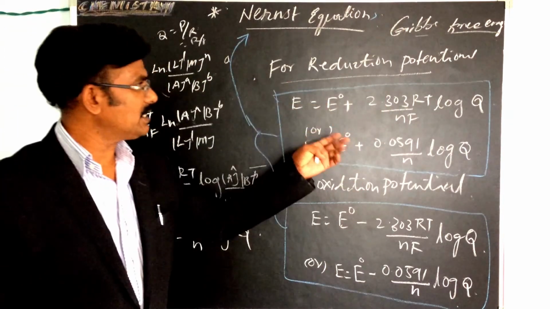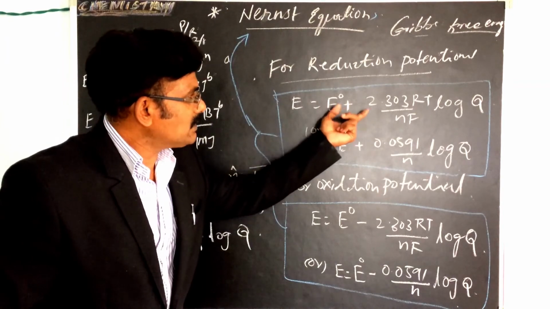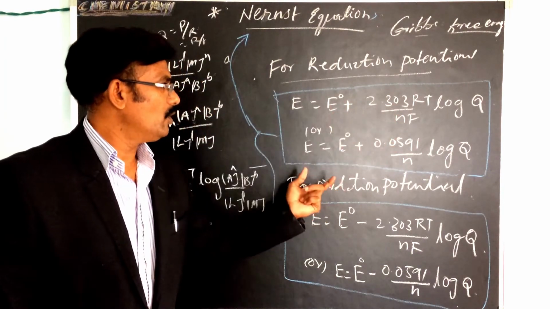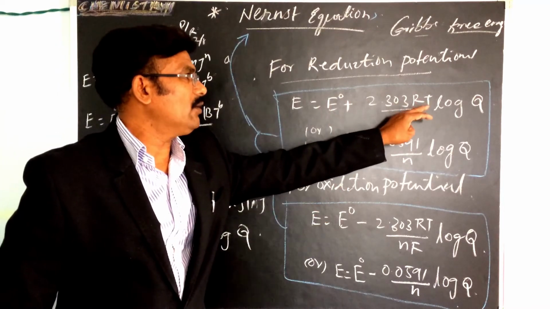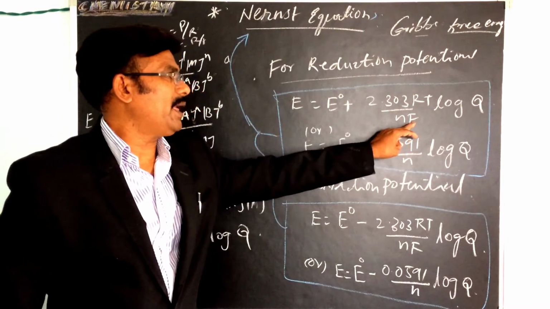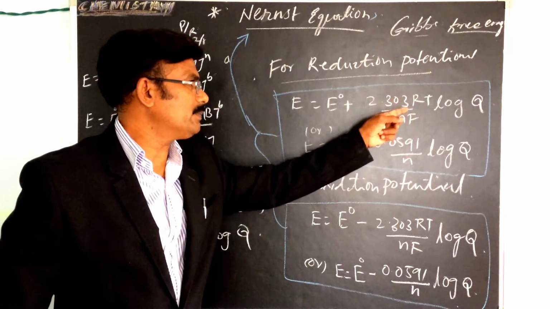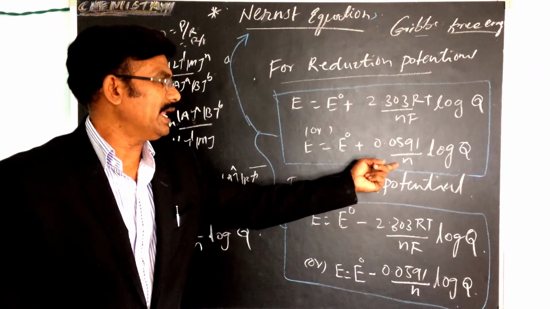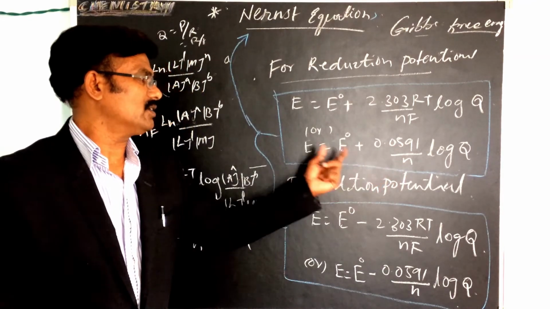So the Nernst equation is E equals E0 plus 2.303 RT by NF log Q. If you substitute the R value, T absolute temperature and Faraday constant and calculate, we get 0.0591 by N, where N is the number of electrons.